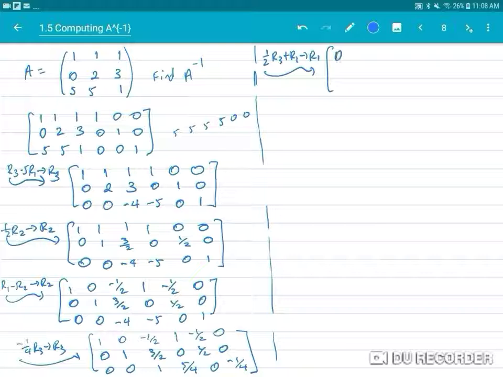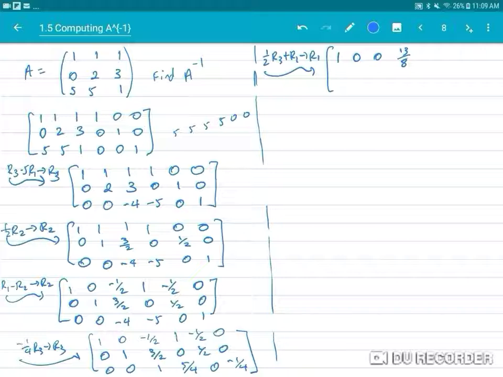So I get 1, 0, 0. Half of 5/4 is 5/8, plus 1, which is 8/8, is 13/8.